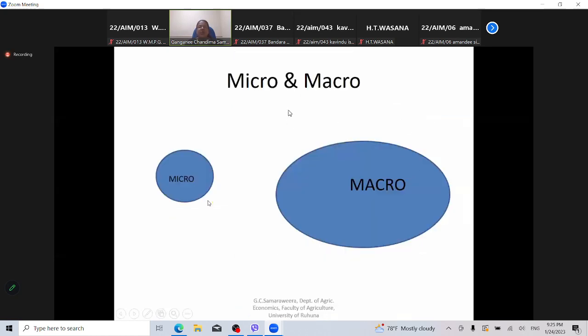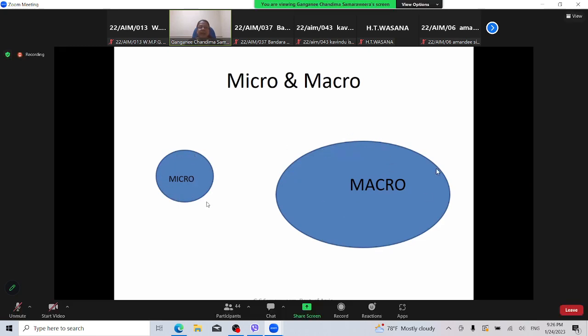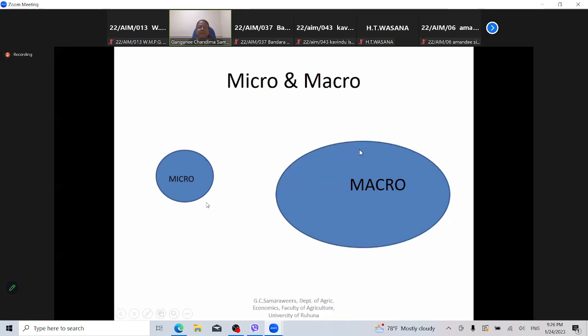Okay, so in a small picture, micro and macro. Microeconomics is the small branch of economics, and macro is the larger level. Then you will be able to learn clearly about micro if you know the difference between microeconomics and macroeconomics.